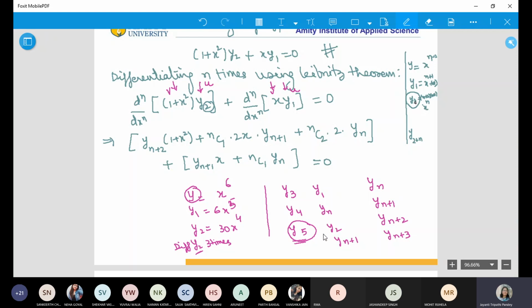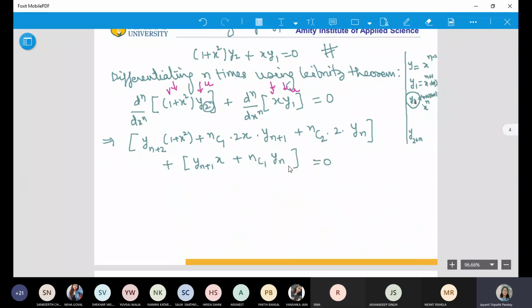So it depends on how many times you are differentiating, you add that to n. Is this okay or not? Yes, ma'am. So let me clear this so that we can focus on the question.